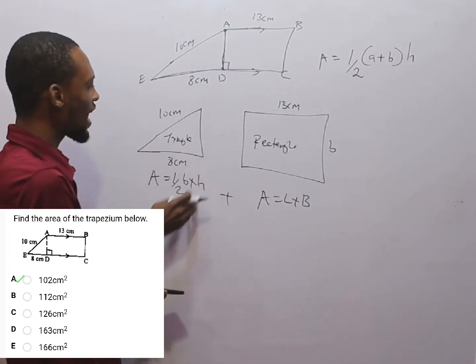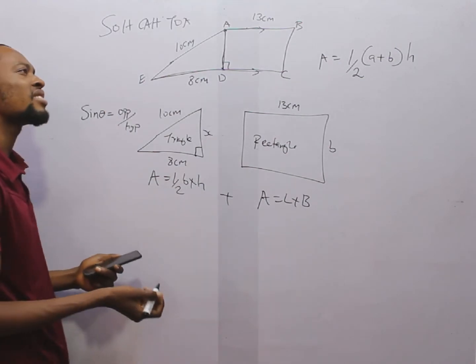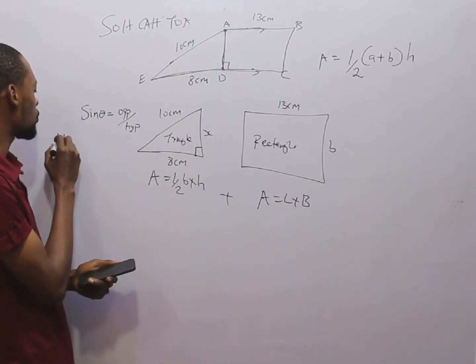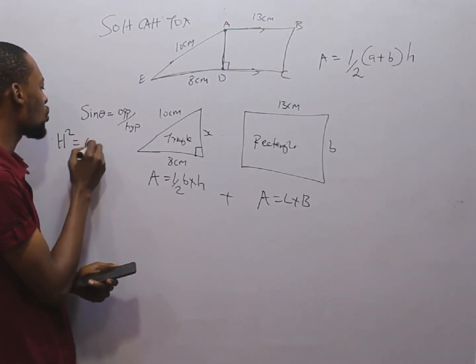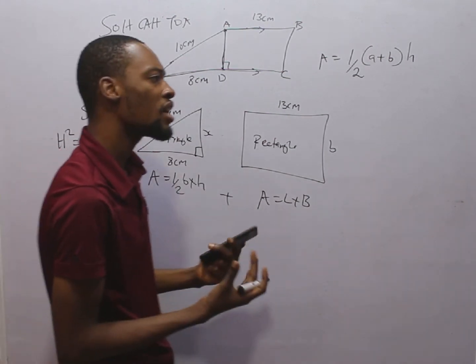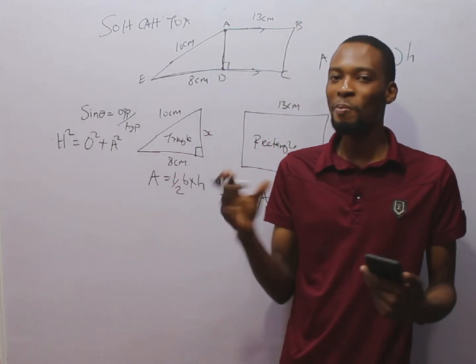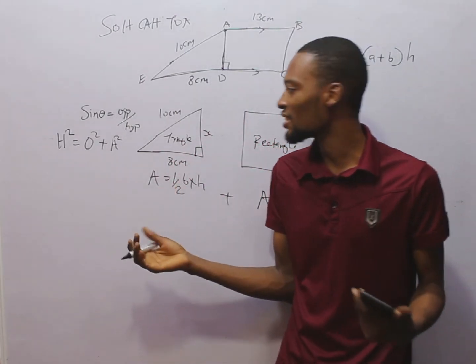From here, how do we get the height? This is a right angled triangle. Pythagoras theorem states that H squared is equal to O squared plus A squared, meaning the square of the hypotenuse is equal to the square of the opposite plus the square of the adjacent.